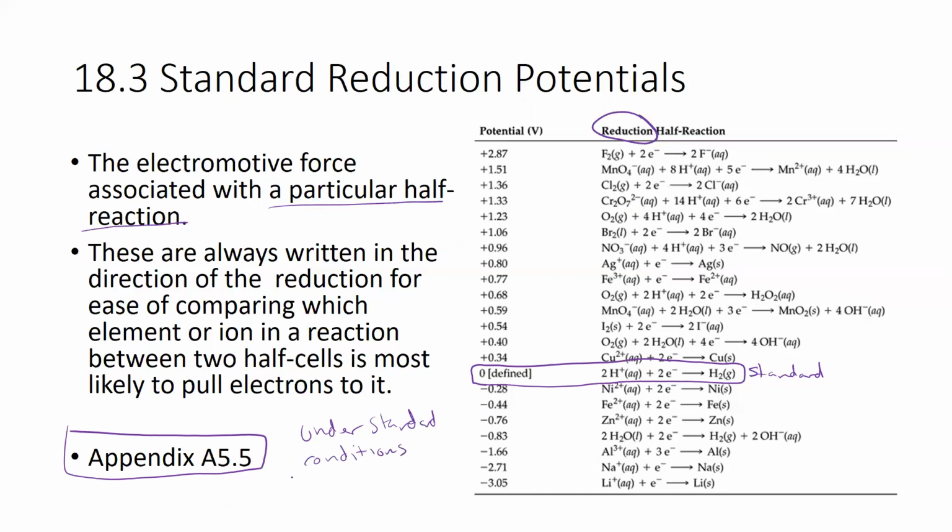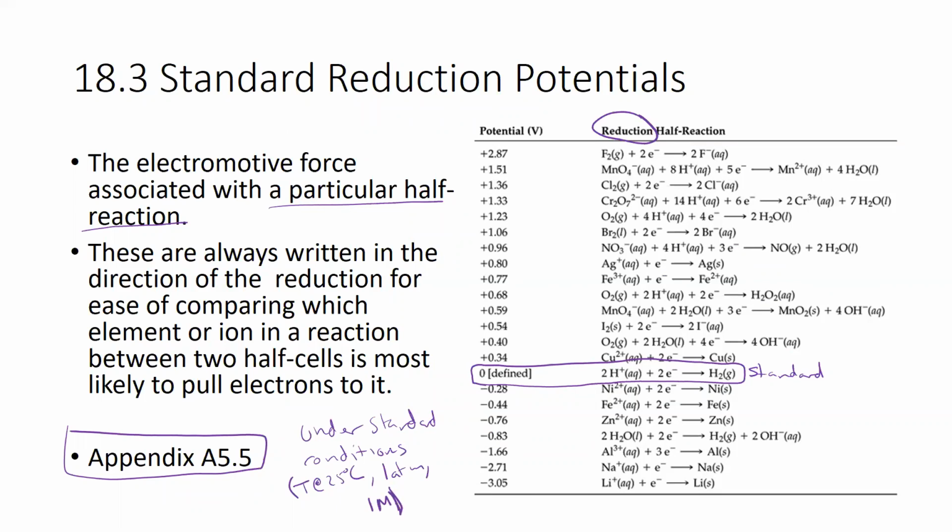Okay, and so those standard conditions are things like the temperature, it's at 25 degrees Celsius, right? If it's a gas that's involved in this, gases would be 1 atmosphere. If it's an aqueous solution, that solution would be 1 molar, okay?